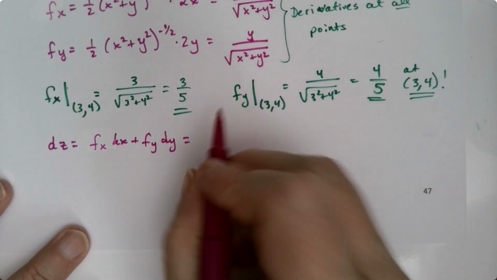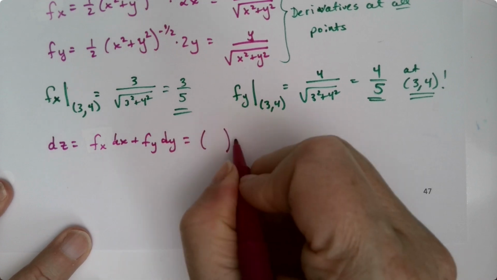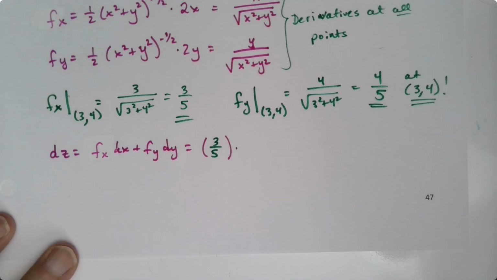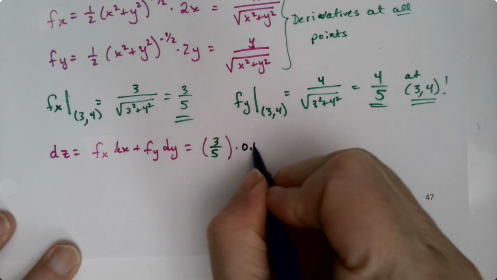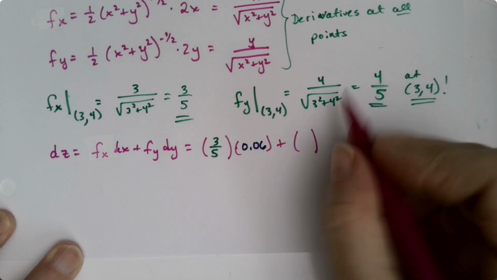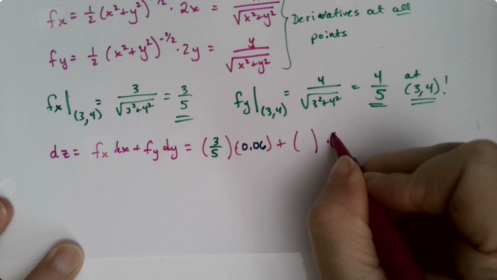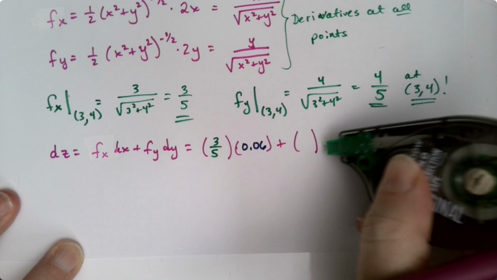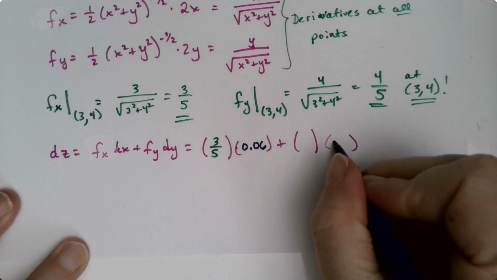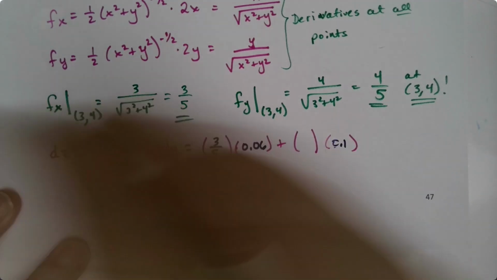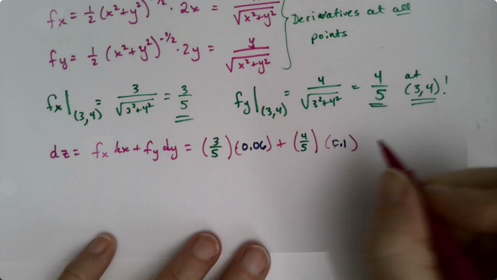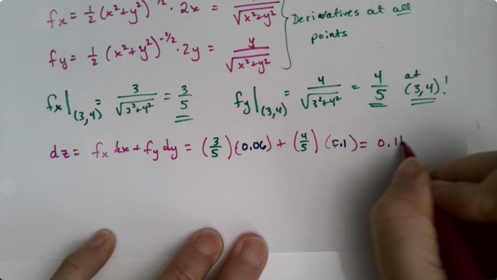That would be equal to 3/5 times dx, which we found to be 0.06, plus 4/5 times 0.1. 0.1 goes in here, 4/5 goes here. And then, of course, we just make a computer do that, and it will come up with 0.116.